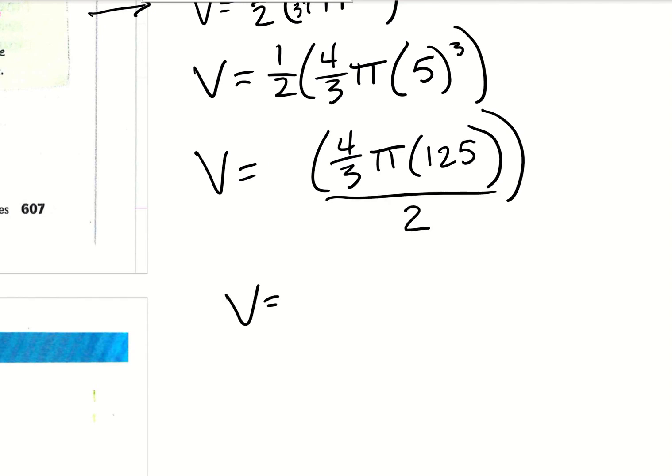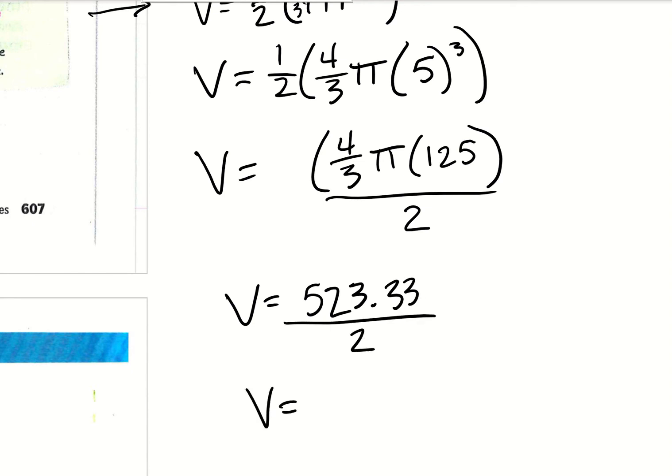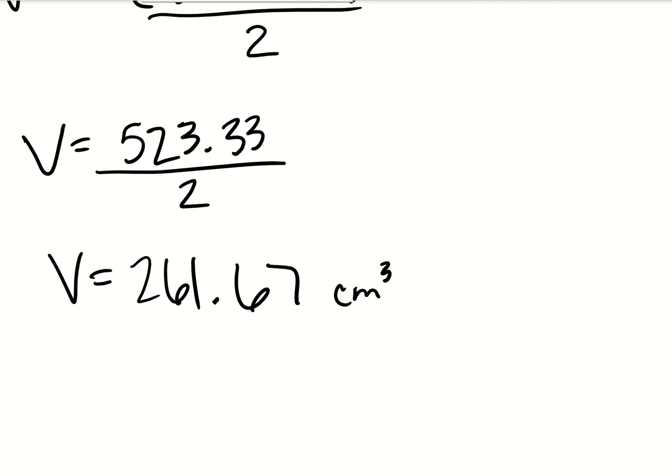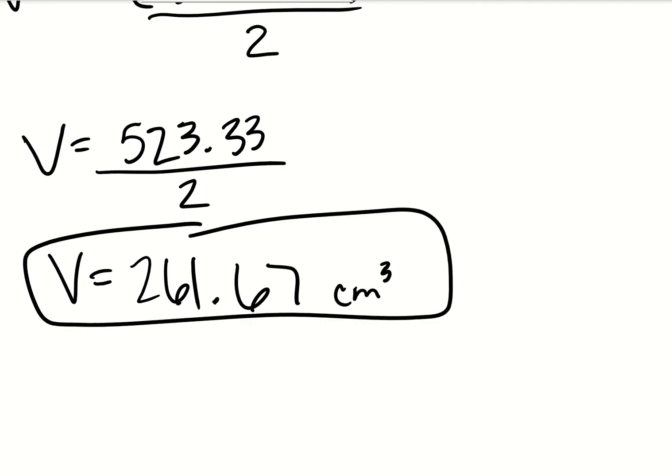I'll do all the stuff in parentheses first in the calculator: 4 divided by 3, hit enter, and that number I'm going to multiply by 3.14 times 125, hit enter, and I get 523.33. Then divided by 2, that will give us 261.67, and that is centimeters cubed. That will be the volume of a hemisphere or a half sphere.